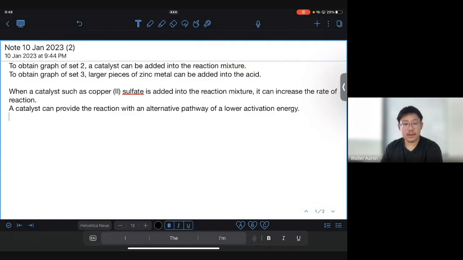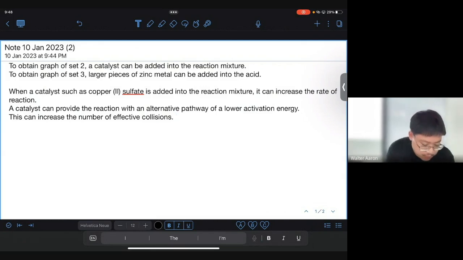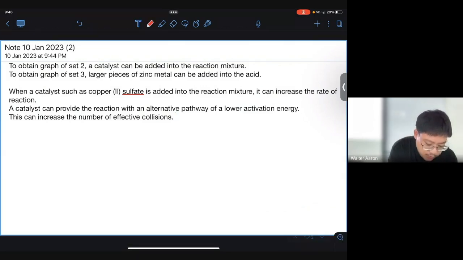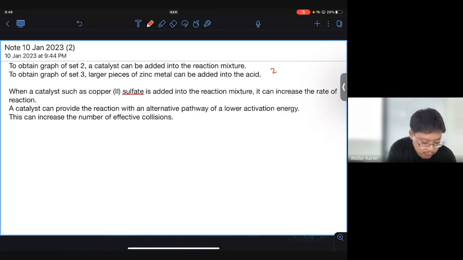Then you say that this can increase the number of effective collisions. That's enough already, so 2 marks on top. Let me just give you the mark distribution. So here we have 2 marks already. Got 2 suggestions. Then this one over here got 2 marks, 1 mark, 1 mark.